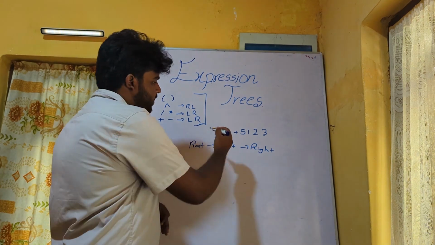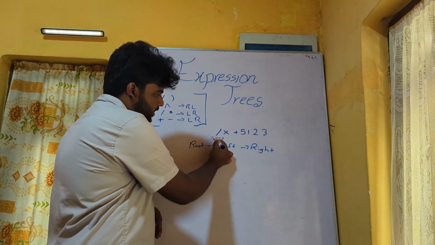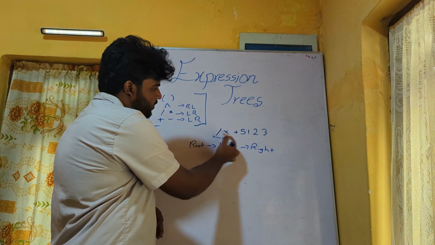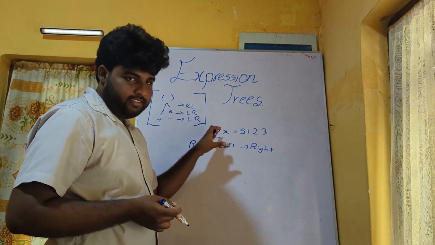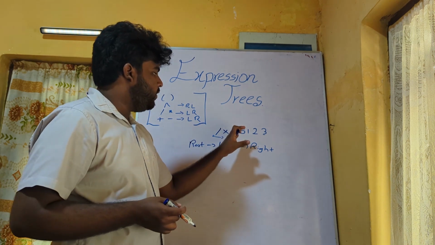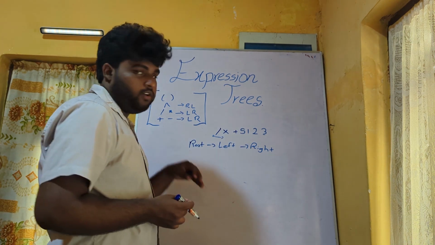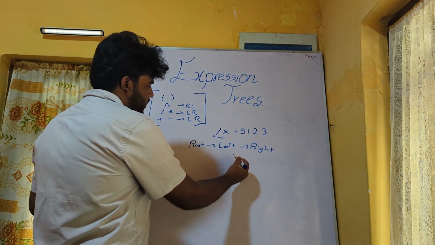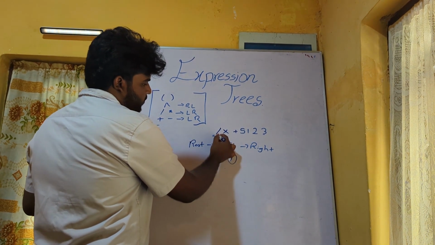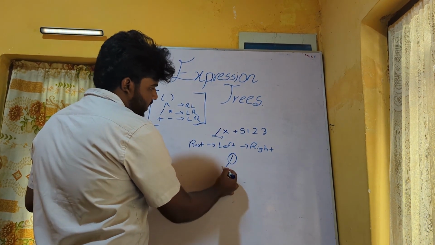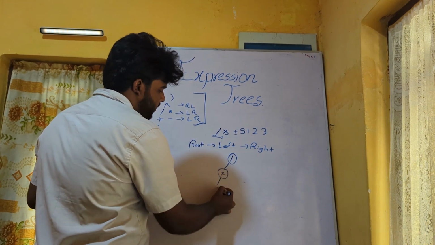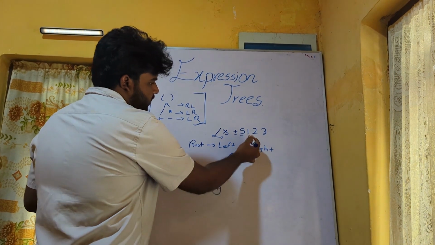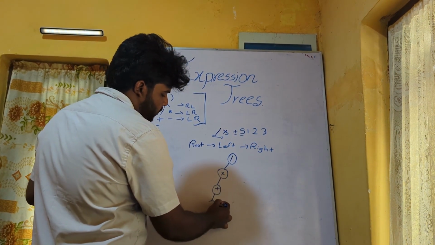So simply you can scan this statement from left to right and put the operators as the parent nodes and operands as the child nodes or the leaves. So here we start from the root, then go to the left side, operator, go to the left side again, operator, go to the left side again, operand.